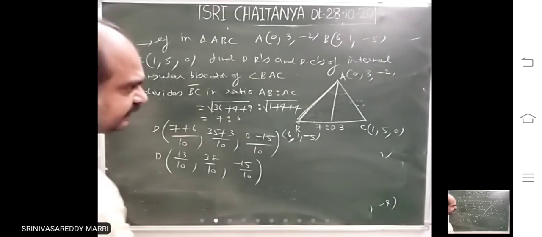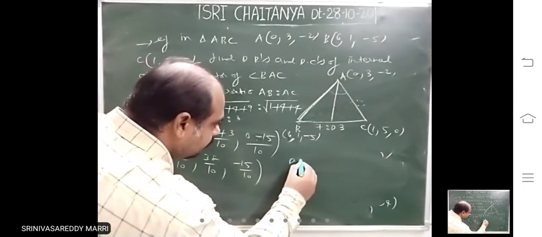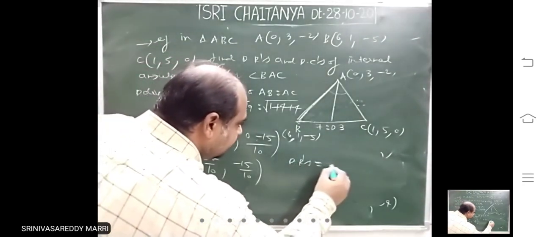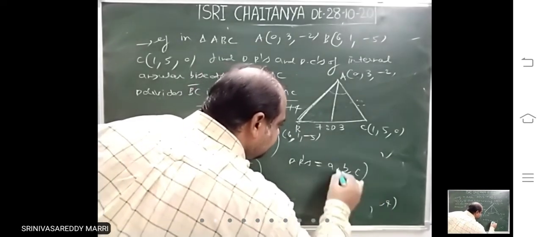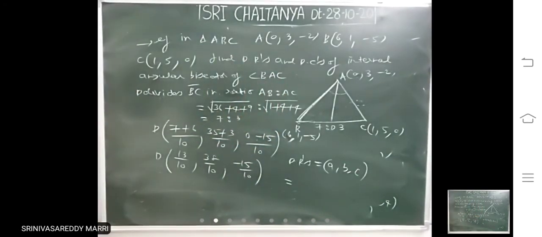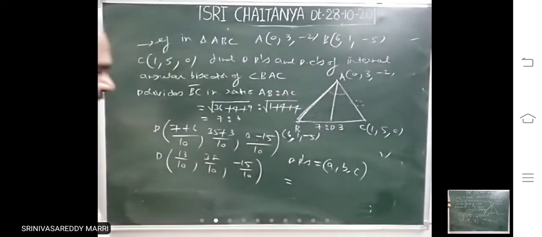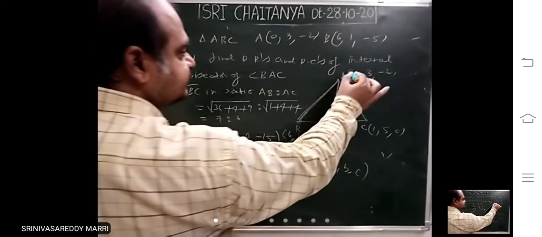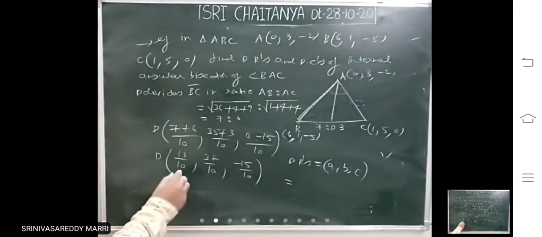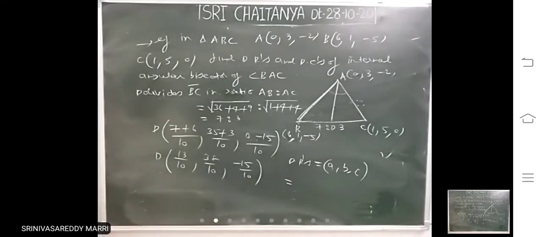So now DRs. DRs are A, B, C. A, B, C is nothing but, this is X1, Y1, Z1, this is X2, Y2, Z2. So what is that?